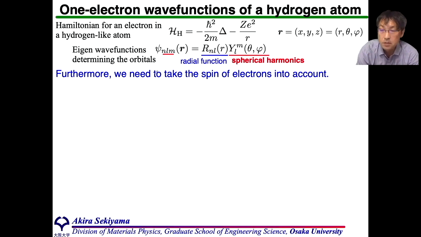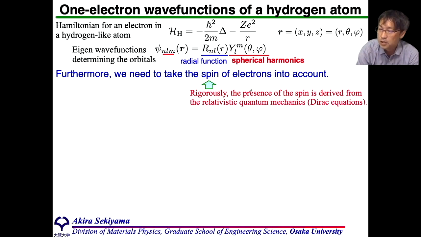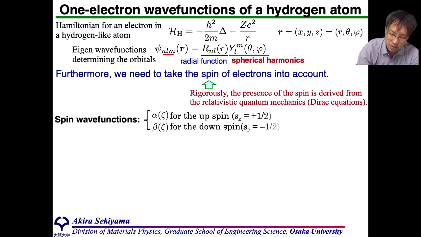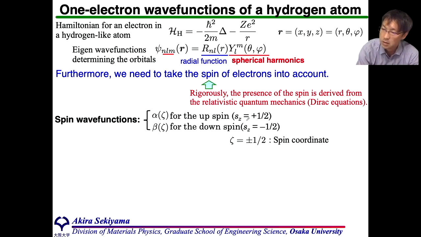And further, we need to take the spin of electron into account. This is rigorously obtained from the Dirac equation, relativistic quantum mechanics, but here I simply introduce spin wave functions alpha and beta.